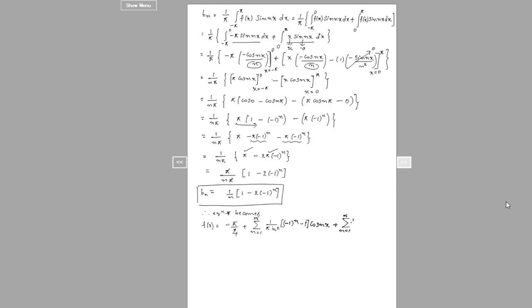Bn value is 1 by n times of 1 minus 2 times of minus 1 power n, into sin nx. This is the required Fourier series for the given function f of x.